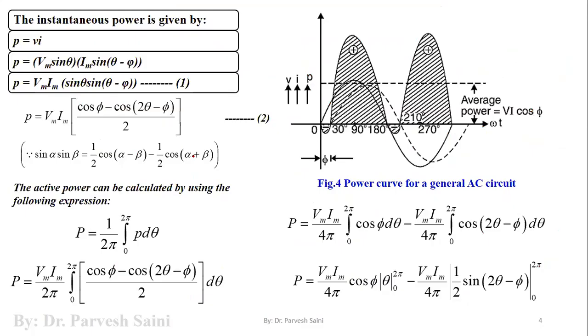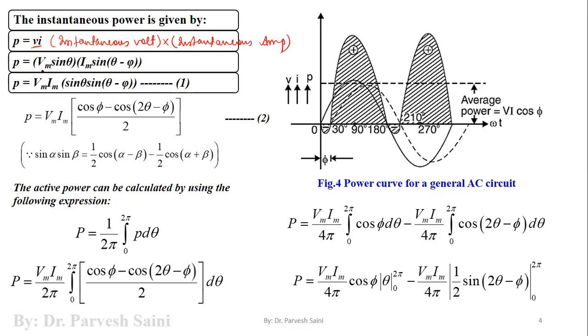So the instantaneous power is nothing but the product of the instantaneous voltage into the instantaneous current.